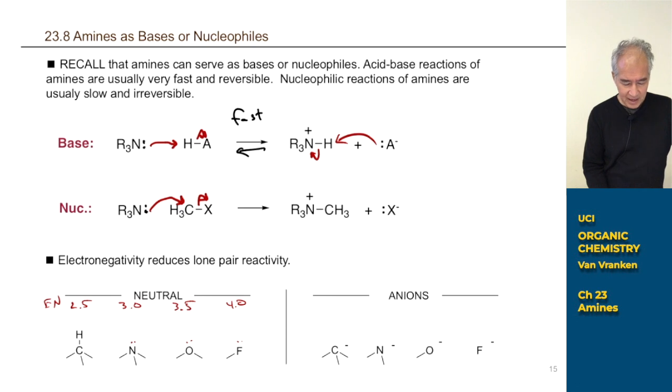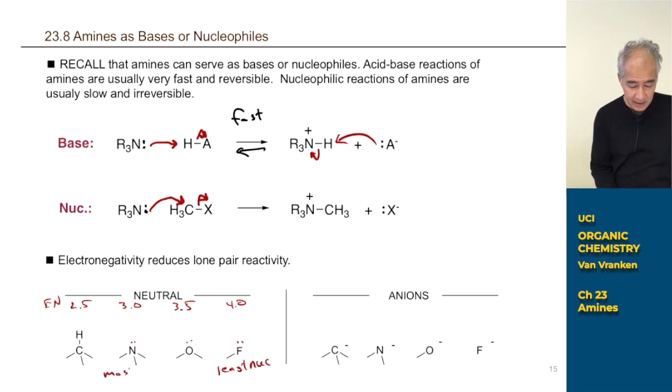This is one of the reasons why medicinal chemists love to put fluorine on their drug molecules for you to take, because those fluorines have no nucleophilicity for doing stuff. So the most electronegative atom is the least nucleophilic. Fluorine lone pairs are the least nucleophilic. And as long as I'm just talking about neutral molecules, oxygen is the second least nucleophilic, and that means of these things that have lone pairs, amines should be the most nucleophilic of these.